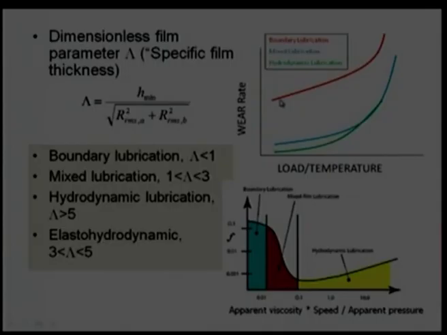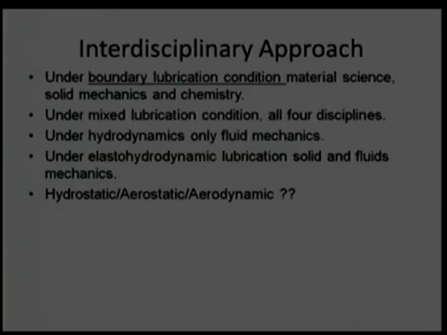So, we should avoid boundary lubrication as far as possible. We should provide some lubricant one way or another. I am not saying that it has to be a liquid lubricant, it can be gases, it can be a solid lubricant, which can be utilized to lubricate the surface, which we will detail when we treat the friction or wear topic of this course.